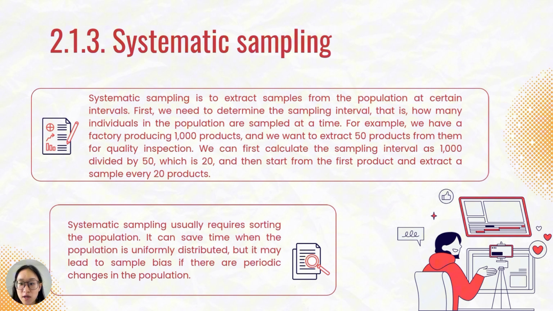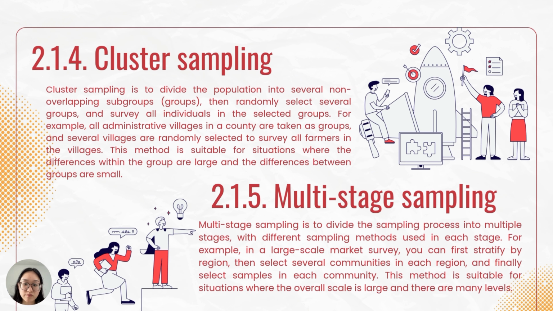Systematic sampling usually requires sorting the population. This method can save time when the population is relatively uniform, but if there are periodic changes in the population, it may cause sample bias.